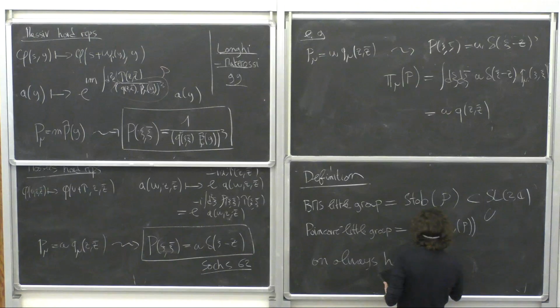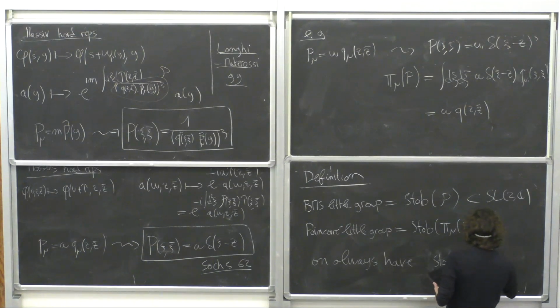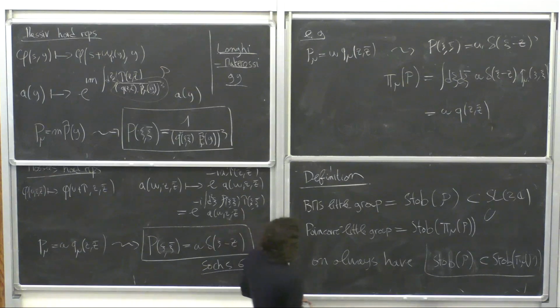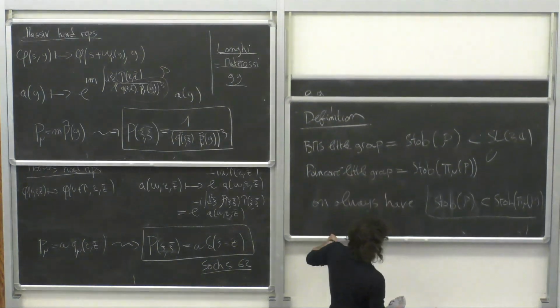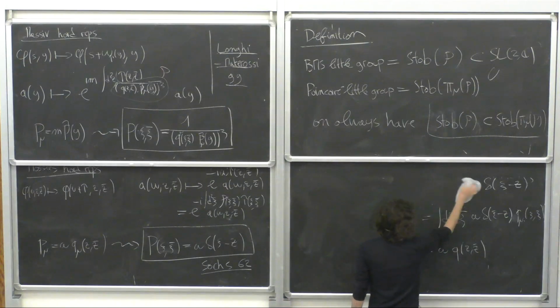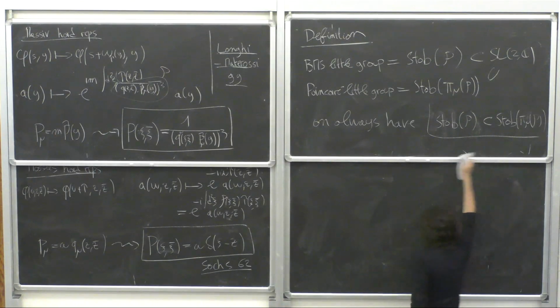From the projection, one always has that the BMS little group, the stabilizer of curly P, is inside the stabilizer of P^μ of curly P. Okay, so this always works. Now there is something very special about the hard representation. It's almost a characterization, not quite, but almost. They are essentially the only representation with the following feature.